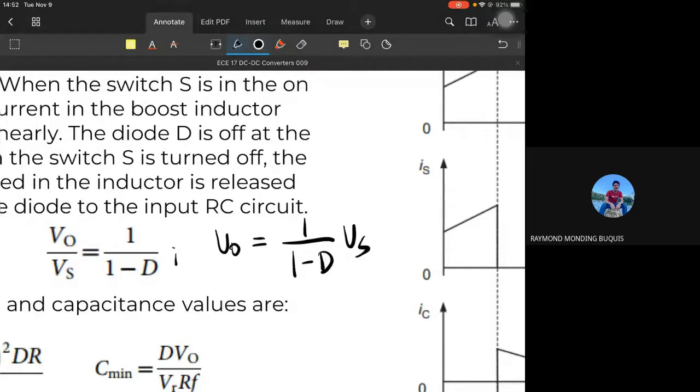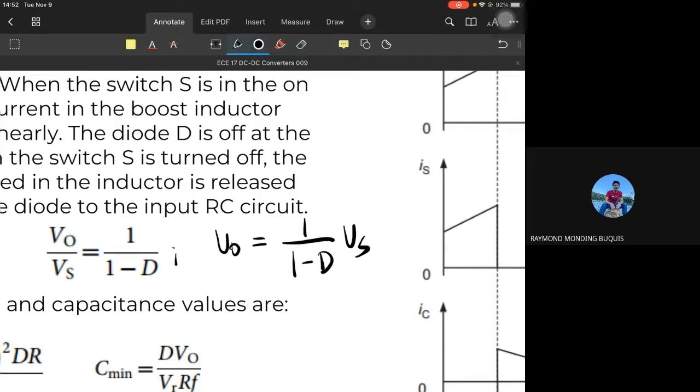The denominator is always positive. The larger the D, say 0.9, then 1 minus 0.9 is 0.1, so the conversion factor is larger.